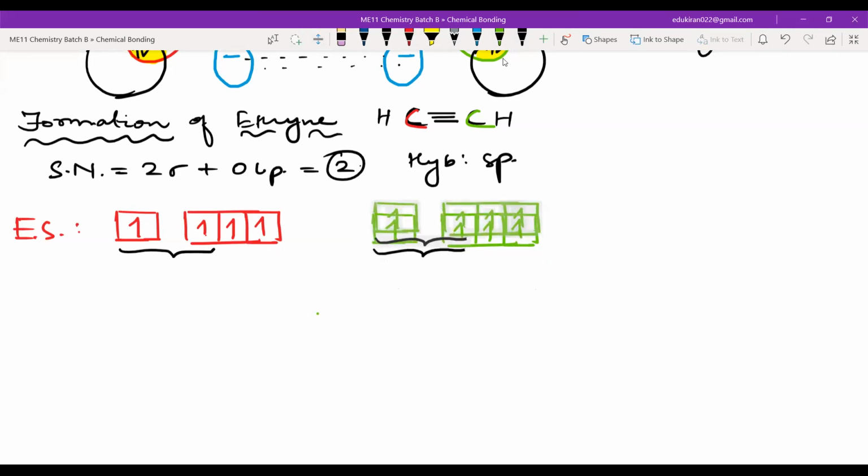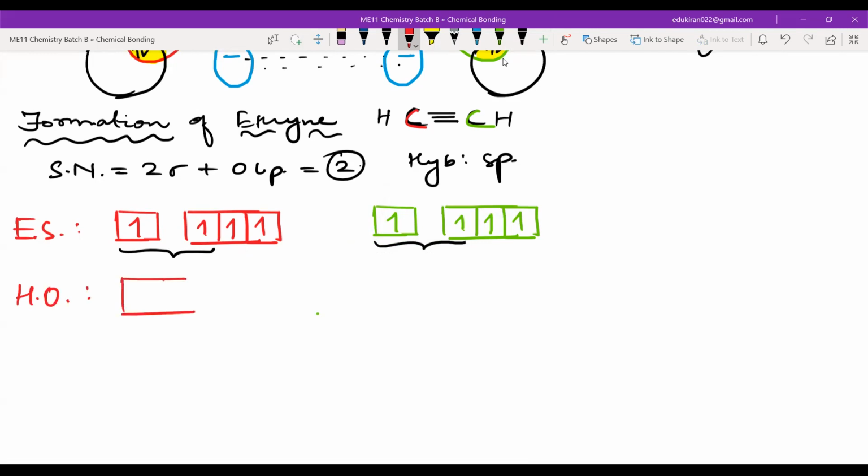And they will form the hybrid orbitals. The hybrid orbitals will be a set of 2 orbitals because 2 atomic orbitals take part in hybridization. And there will be 2 pure p orbitals. So these are the pure p orbitals. This is sp, this is sp. Let me write it here.